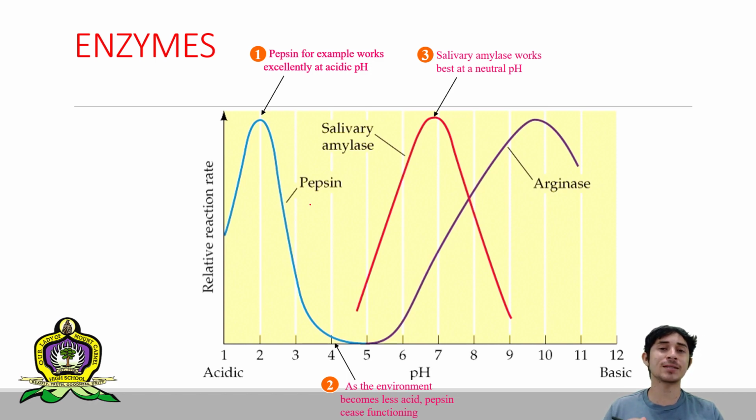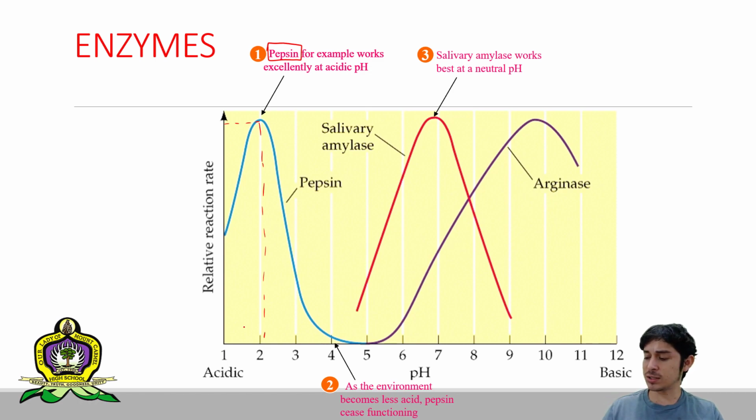Each enzyme is designed to work at a specific pH. From example number 1, which is pepsin, you're able to see that the activity of the enzyme works best at a pH of 2. That is where the enzyme will work best.